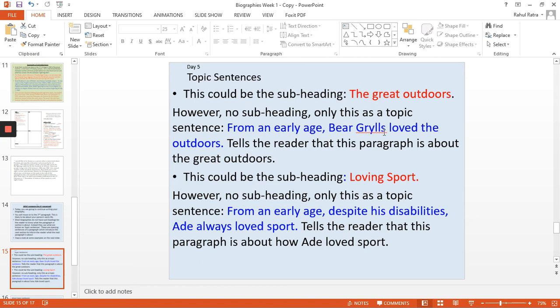And at the same time, it tells us what information the paragraph has. Another one, loving sport again. So instead of just loving sport as a subheading, you could have a topic sentence. From an early age, despite his disabilities, AD always loved sport. So again, not using subheadings this time, but using topic sentences to introduce that paragraph.